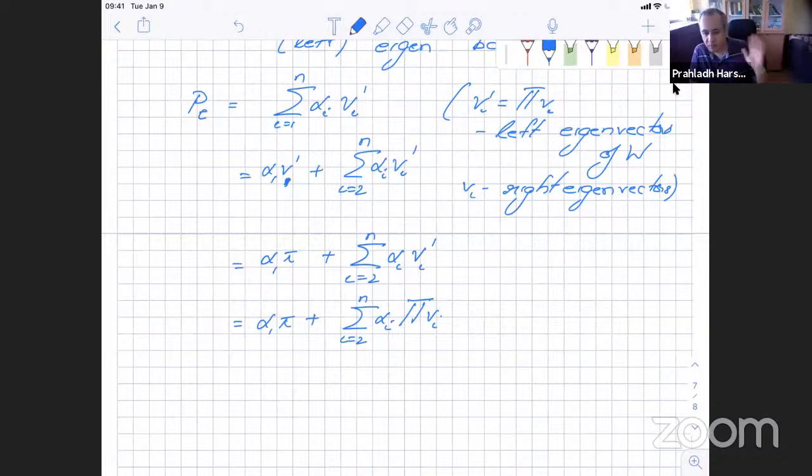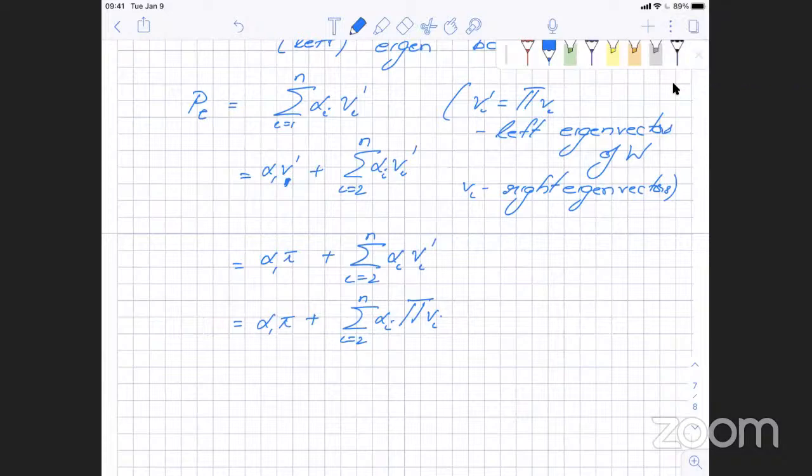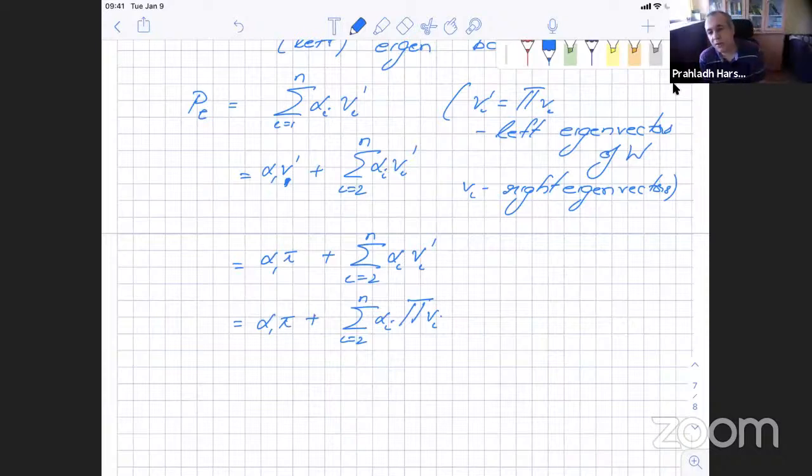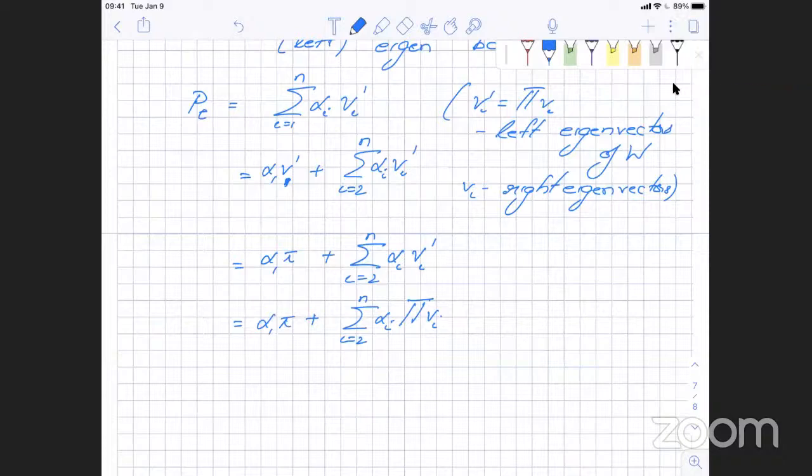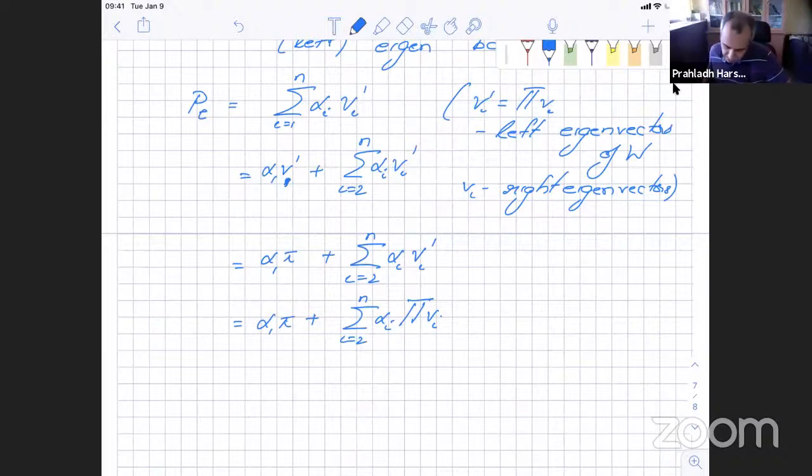Everything is a column vector, because I want to say that the row eigenvectors are exactly the column eigenvectors multiplied by the matrix pi. What threw you off is that I'm calling it a left eigenvector. Its transpose is the left eigenvector, so to say. Strictly speaking, it is the right eigenvector of W transpose. Fair enough. We had a discussion on this in the last lecture, but in this lecture I wanted to keep it this way.